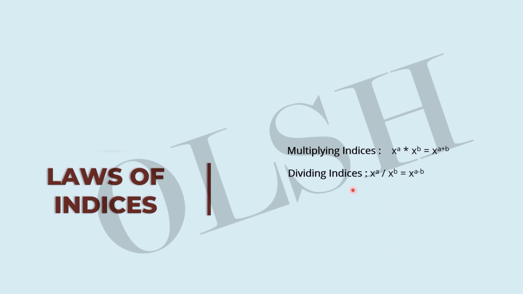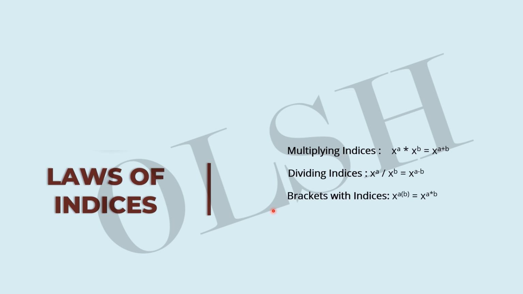The next one will be dividing indices. If we have x raised to the power a divided by x raised to the power of b, it is the same as x raised to the power of a minus b. So the division operation changes to the negative operation for both powers.